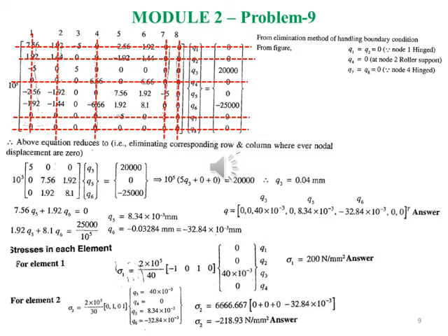So for element 1 it is 2 into 10 power 5 by 40 into [minus 1, 0, 1, 0] into [0, 0, 40 into 10 power minus 3, 0]. So I will get the value of sigma 1 to be 200 Newton per millimeter square. Similarly, sigma 2 is minus 218.93 Newton per millimeter square.